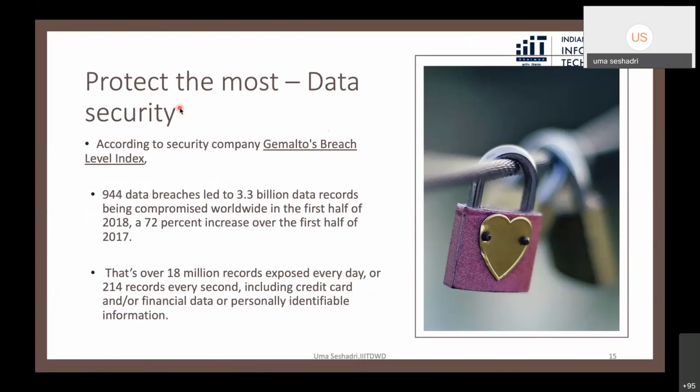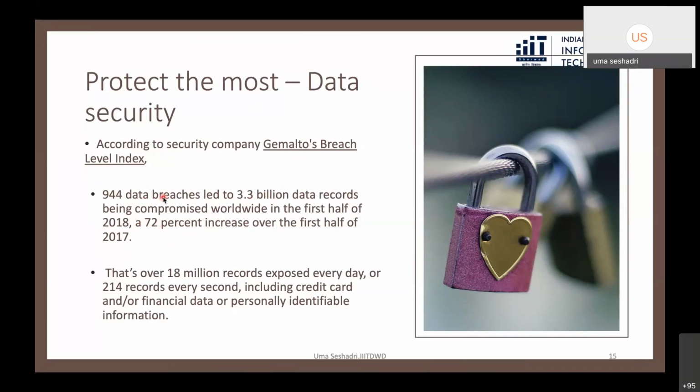So this is just some statistics I'm getting. What it says is that you don't have to worry about all information being protected. You protect the most important. That is what it says. According to some security company, 944 data breaches led to 3.3 billion data records being compromised worldwide in the first half of 2018, which is almost a 72% increase.